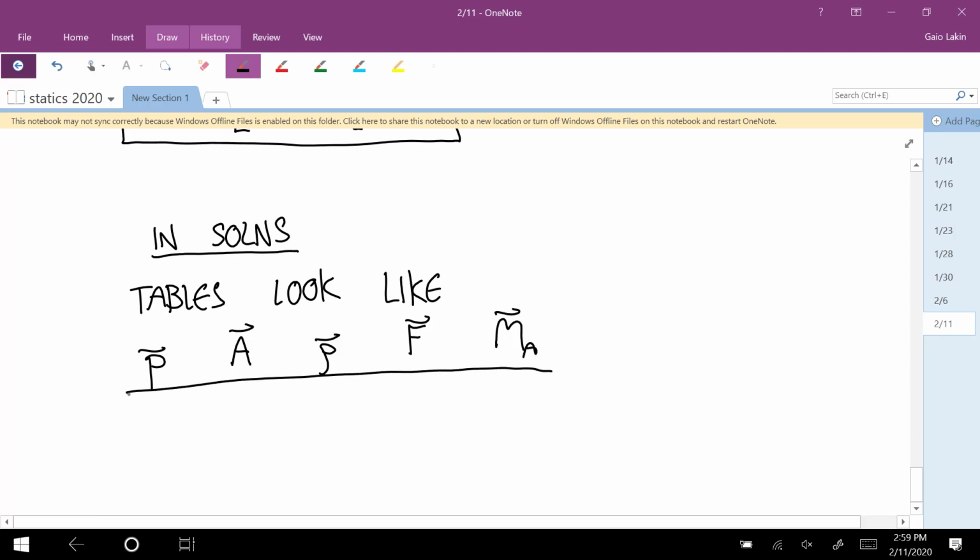I haven't corrected those yet in the solutions. That's the way I used to talk about it. You can do it this way where P is the coordinates of where the force is applied, and A is the coordinates of the about point. And then you just subtract those two and it gives you rho. I think that's sort of unnecessary, so I don't talk about it that way anymore. So when you look at the solutions, compared to the way I do it in class, you can skip these two, everything else is the same.